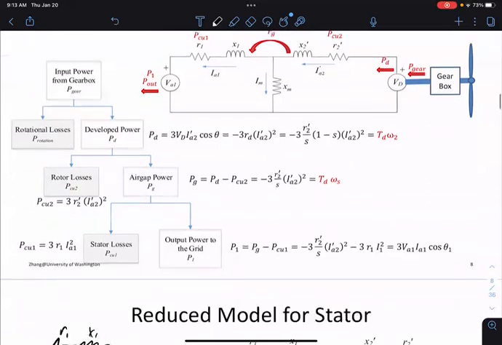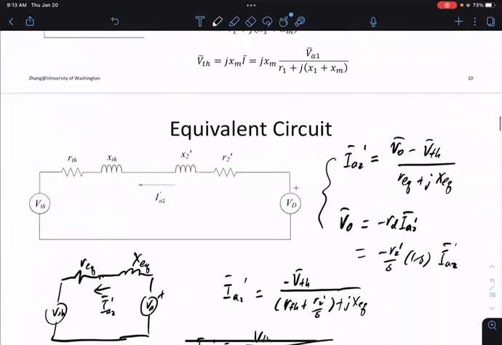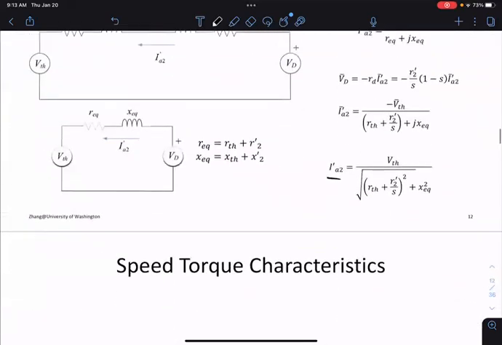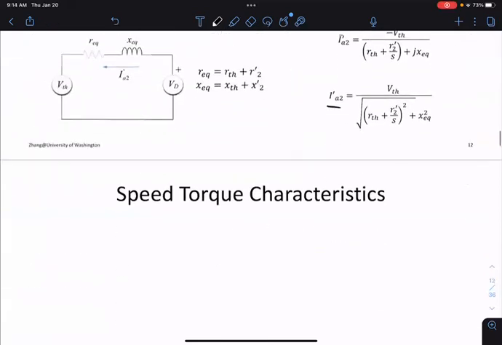All right, so these are our equations. Next we want to look at the torque, which will also be useful. So do we want to do that now? Actually, let's take a break.